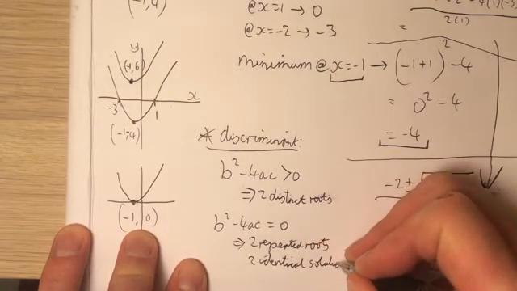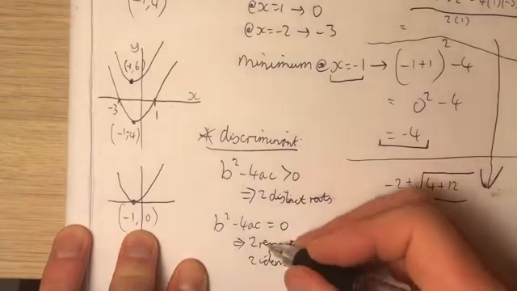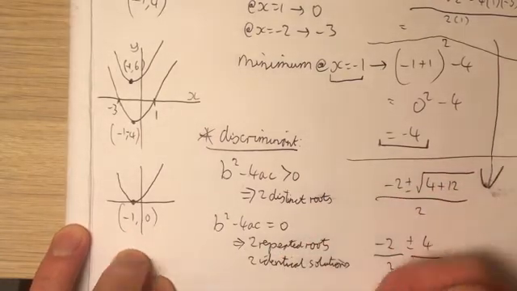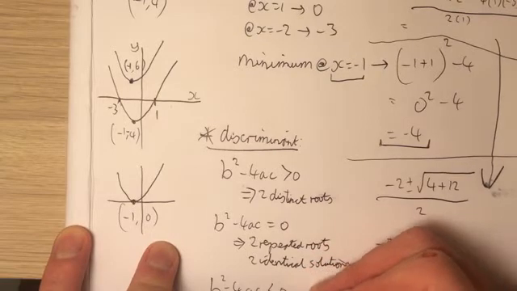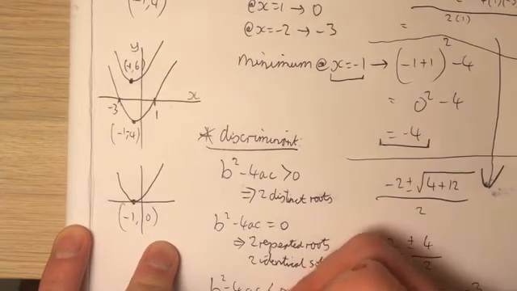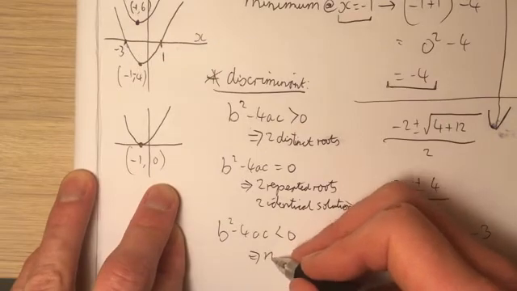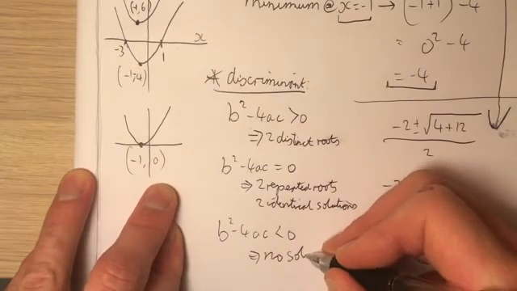Just different words that mean the same thing. And if b squared minus 4ac is less than 0, then what does that mean is going to happen? We're going to have no solutions.